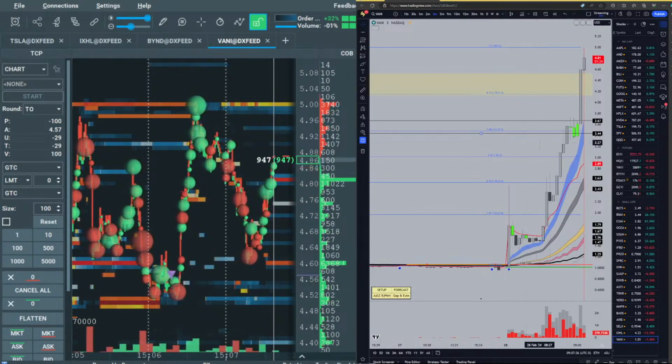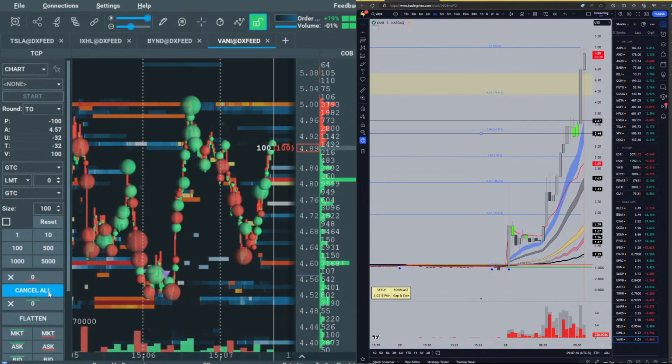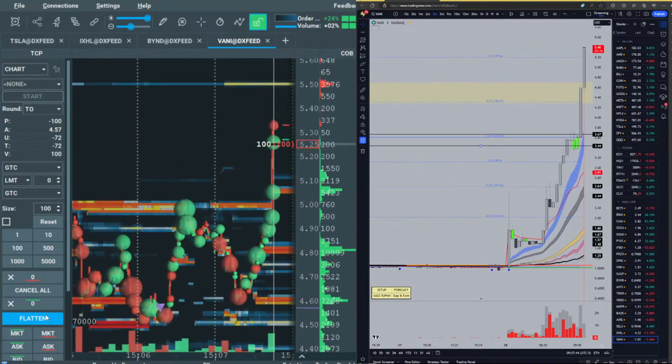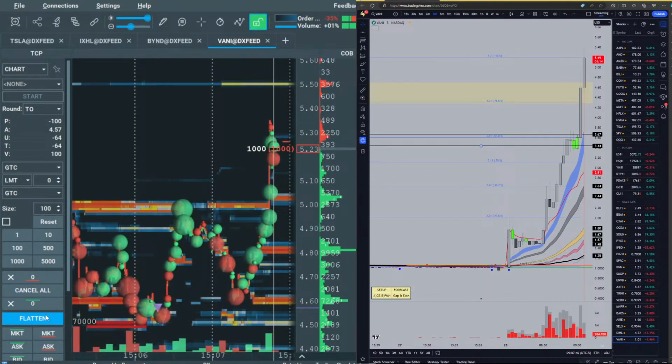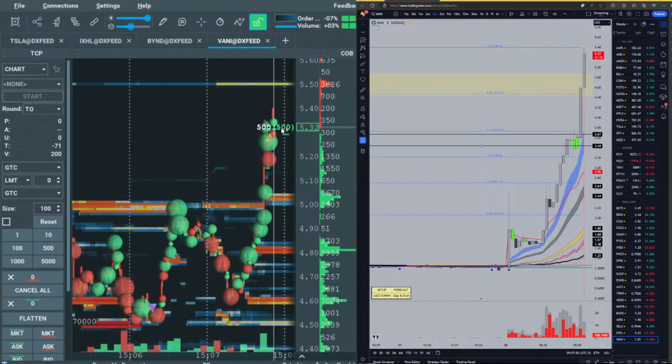Remember, this is still the front side of the move, okay? So that's the reason only a feeler. If it goes bad, we flatten. And there we are. You can see the squeeze. So as soon as you have it, you cut your position and let it go.